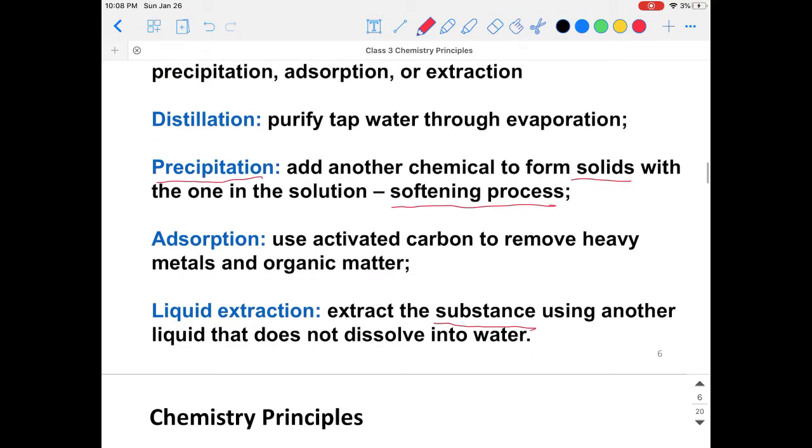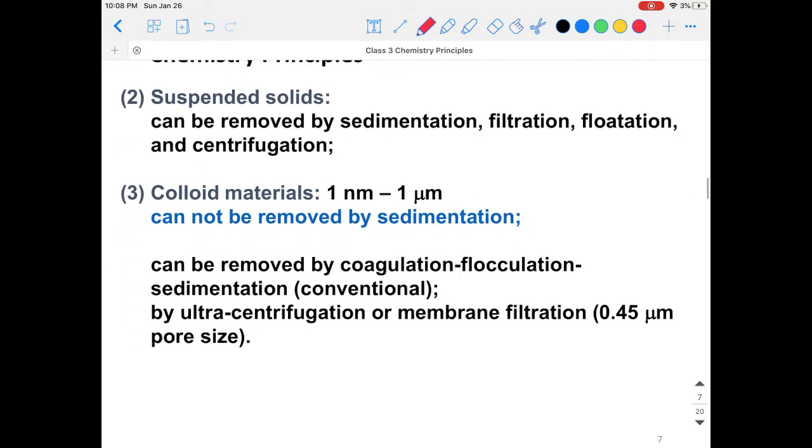So these extra species can also exist in the form of suspended solids. So they can be removed by sedimentation, filtration, flotation, and centrifugation. So what that means is that if we have larger particles or larger suspended species in the water, then we can just let it stay still so that gravity is going to remove these extra solids. And we can also use the filtration, for example, use the sand to collect all of these extra solids, right?